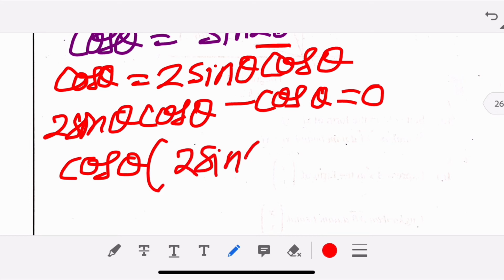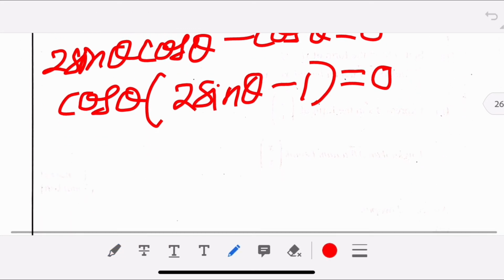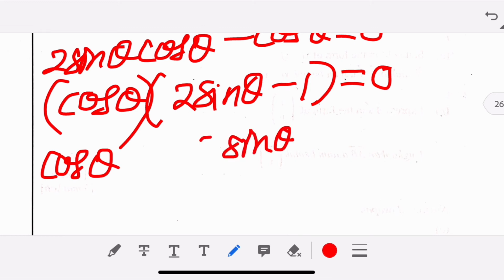We always factorize, no matter it is trigo equation or normal quadratic equation. We will use factorization. We will let the factor equal to 0 and we'll solve it like this, right?